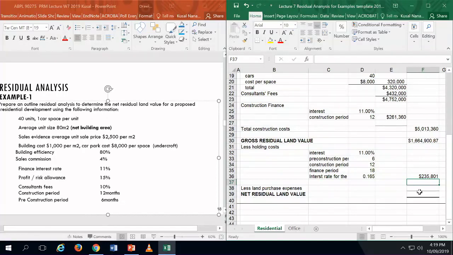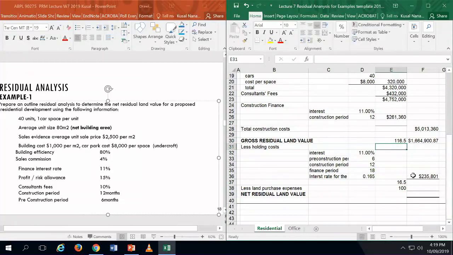This is net residual land value, meaning land value, plus land purchase expenses. And when we calculate the interest, 16.5, we normally calculate 16.5 on top of this. So this is 16.5, and then this should be 116.5.